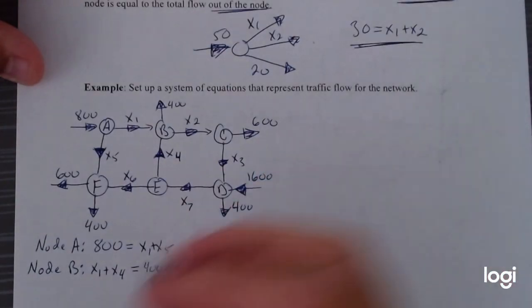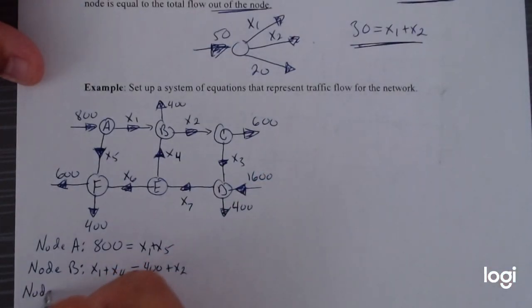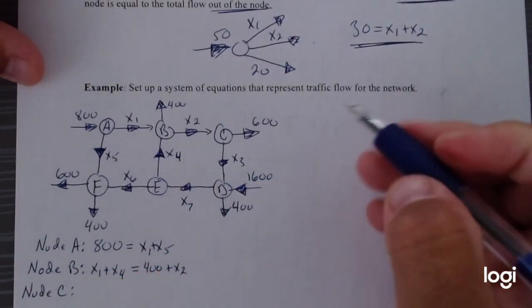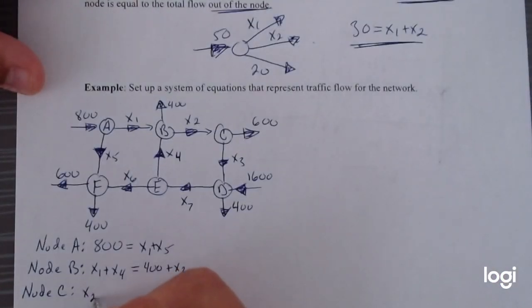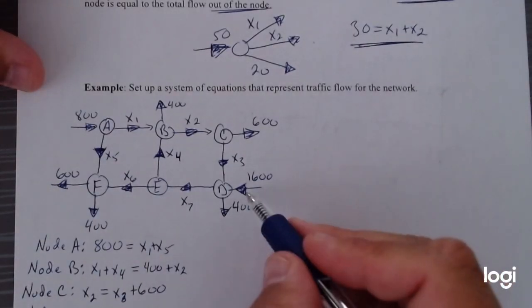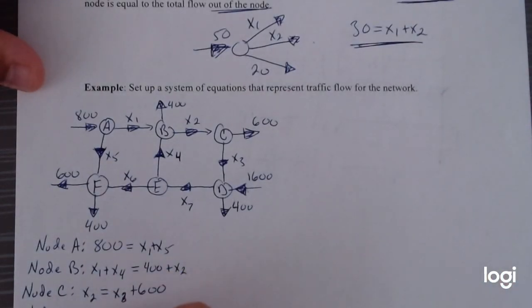Now we go to C. What's flowing into C is just x2. What's flowing out is x3 plus 600. Now go down to D. What's flowing in is 1600 plus x3, and what's coming out is 400 plus x7.